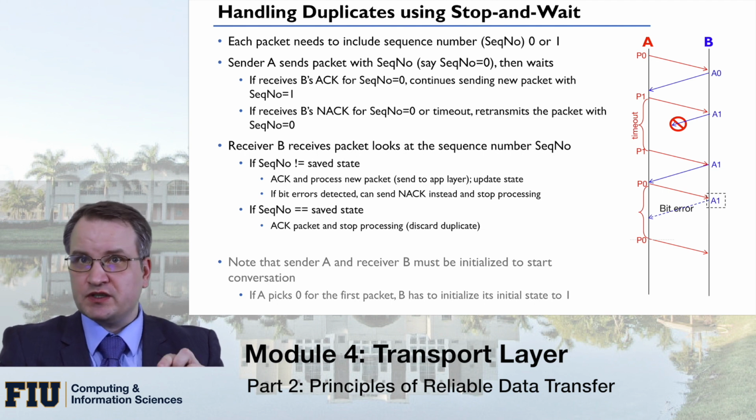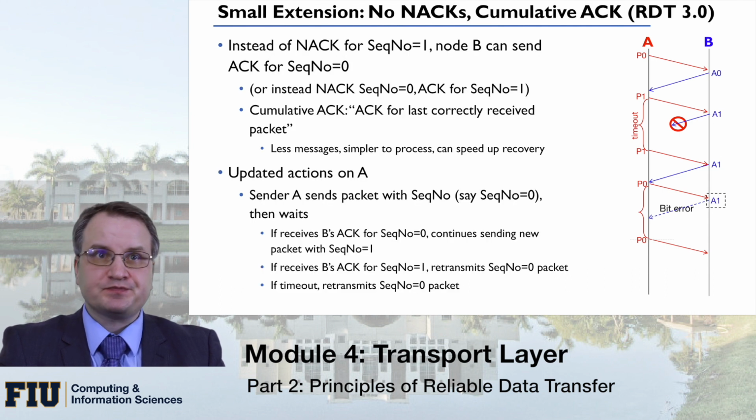Or vice versa, A has to start sending sequence number 1 and B has to expect to receive sequence number 1. Otherwise, they will be trying to recover from an error that never happened. And this problem will become even more complex when you have more than 2 sequence numbers.